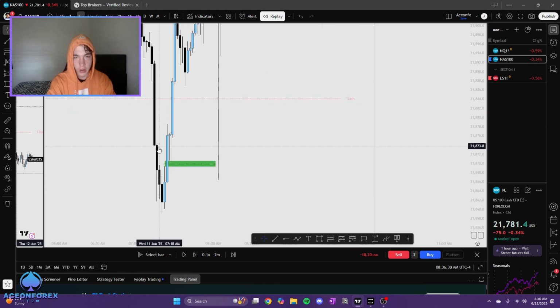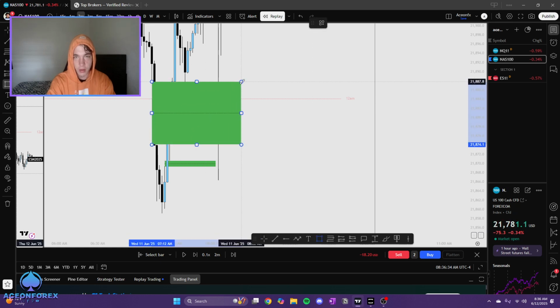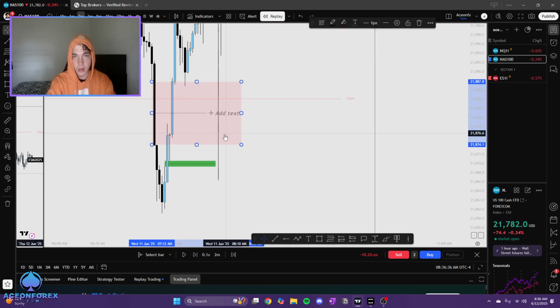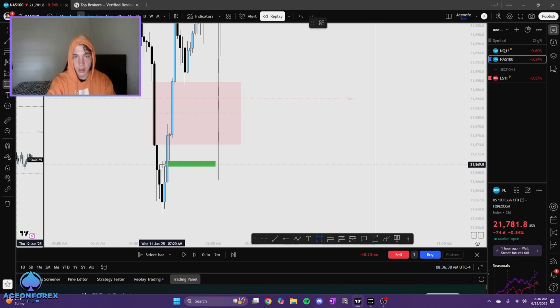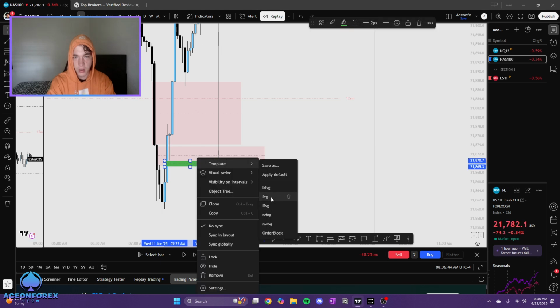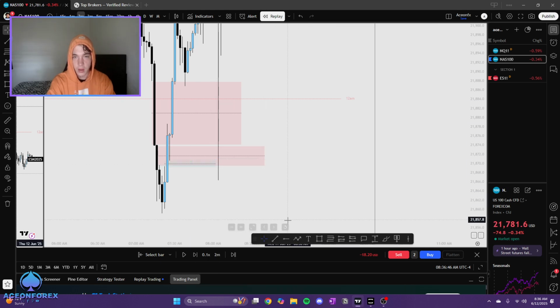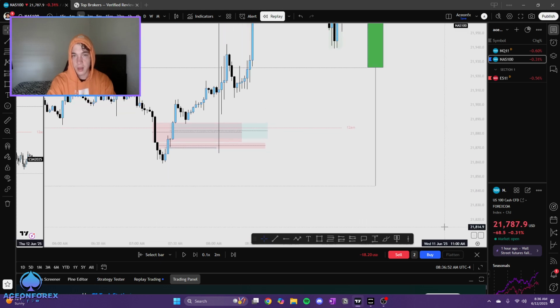This is all inefficient price. You could sit here and mark up all these fair value gaps, but you're not going to be able to read the chart. So you just want to keep in mind what price action is doing. Here, I'm going to show you. If you sat here and marked up all these fair value gaps, that's just going to give you a headache.